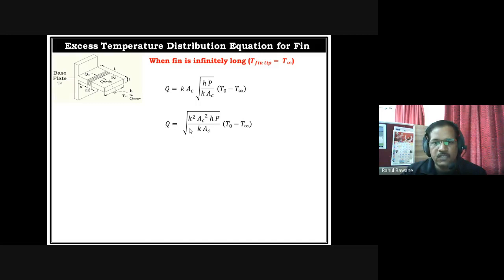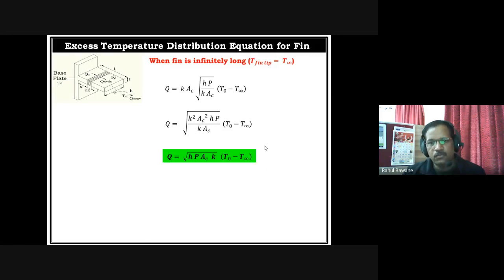So q is equal to the square root of k square AC square hP upon k AC, times T0 minus T infinity. Now k and k square, AC and AC square get cancelled. So we form q equals the square root of hP AC k, where AC is always the cross-sectional area, times T0 minus T infinity. This is our heat transfer rate.